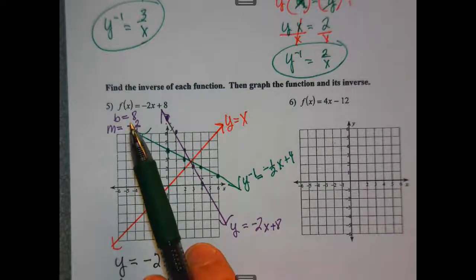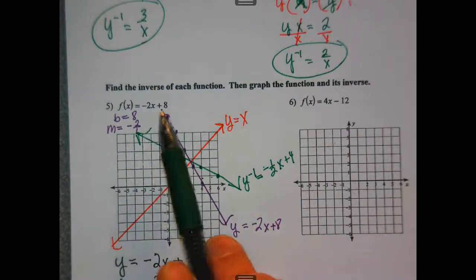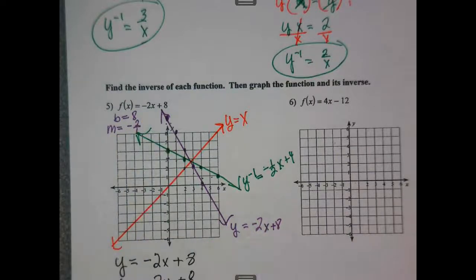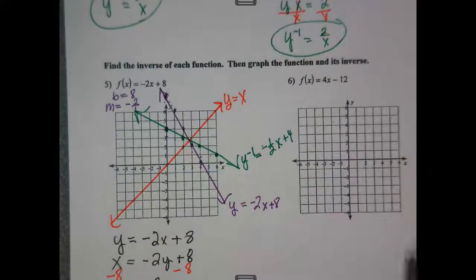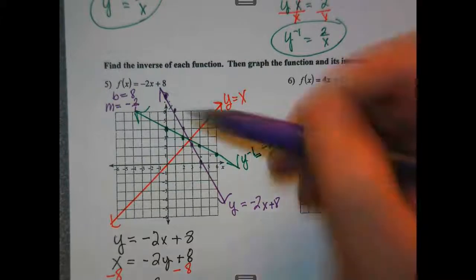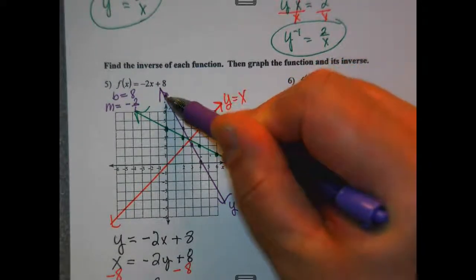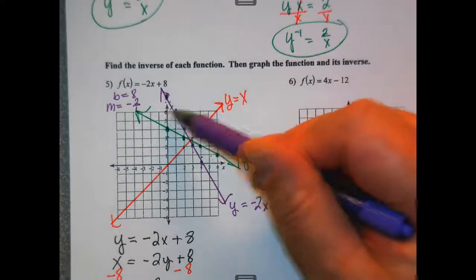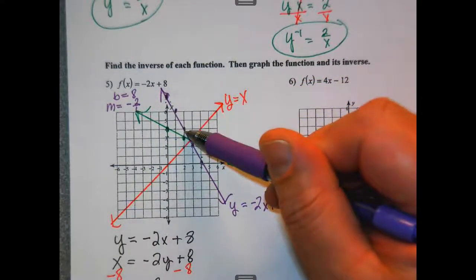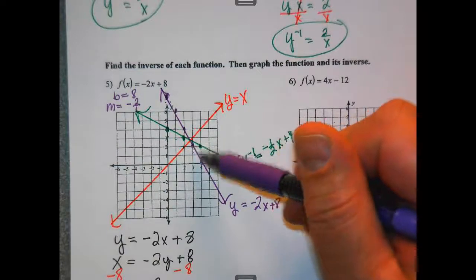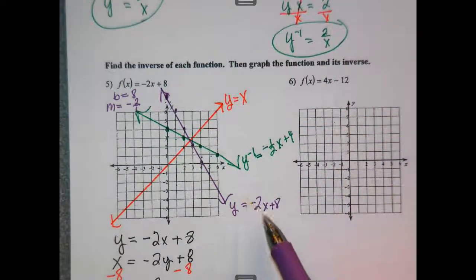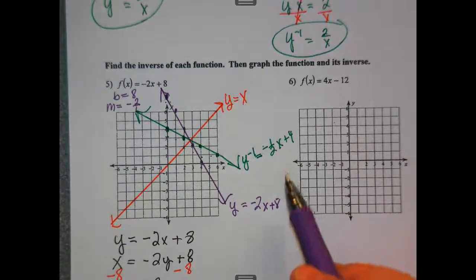My y-intercept was 8, and my slope was -2, or -2 over 1. So I graphed the line. Here's 8 where it crossed my y-axis. My slope was down 2 over 1, down 2 over 1, down 2 over 1. And I drew that function, y equals -2x plus 8.